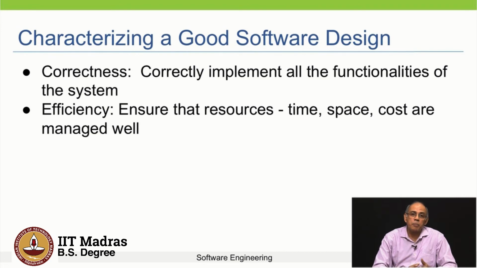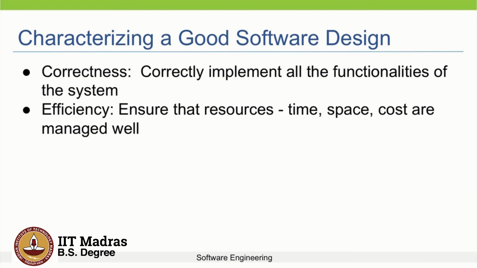That depends upon the application, whether you are building a client server application or whether you are building a mission critical system and so on. For example, if you are building an embedded system, then it has to work under limited memory sizes. So does the design ensure that these considerations are met? This is another important criterion that characterizes good software design.